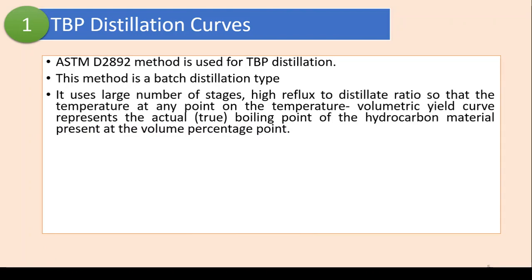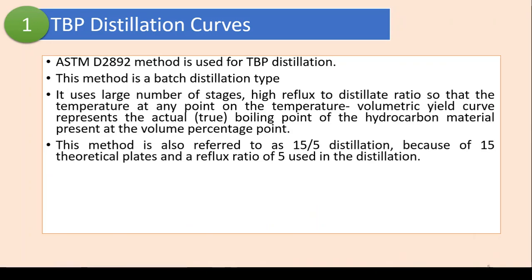So what happens here, due to the large number of stages and high reflux ratio, the temperature at any point on the temperature volumetric curve represents the actual, that is the true boiling point of the hydrocarbon materials present at that particular time or that particular volume percent. That is why this has the name true boiling point, or TBP distillation.